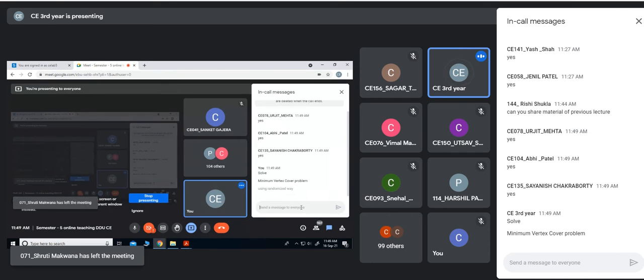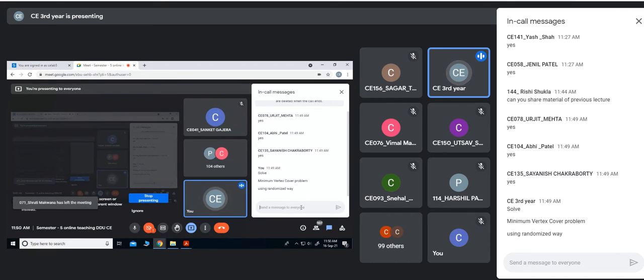Randomization is one of the ways to solve NP-hard problems. I write MVC for the minimum vertex cover problem.